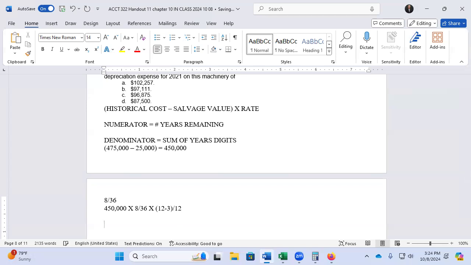And now we need to start the second year to account for 3 of 12 months. And so we have 450,000. We're going to multiply that by 7 divided by 36. And then we're going to multiply that by 3 divided by 12.